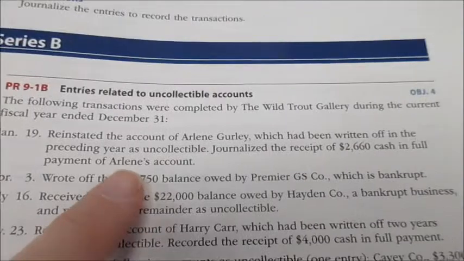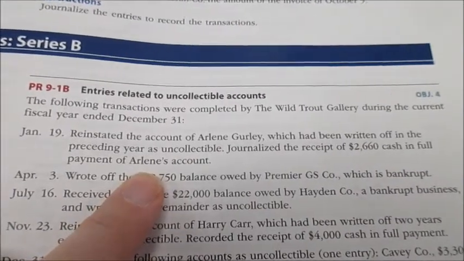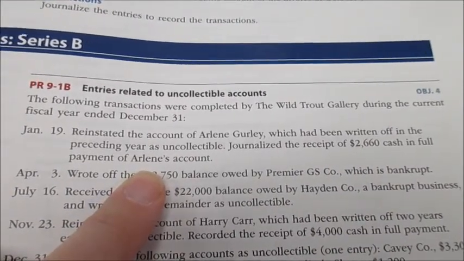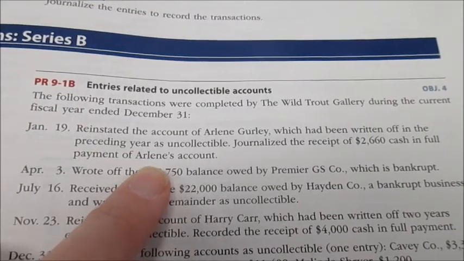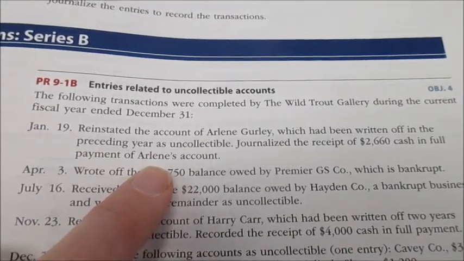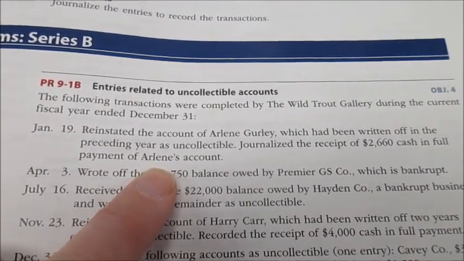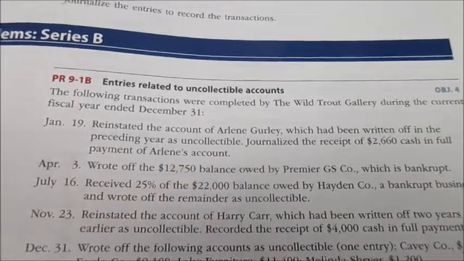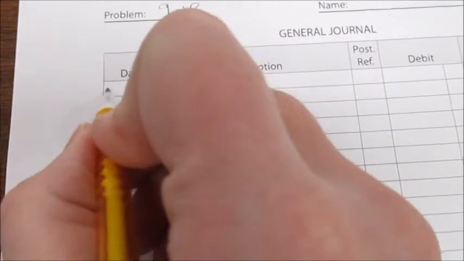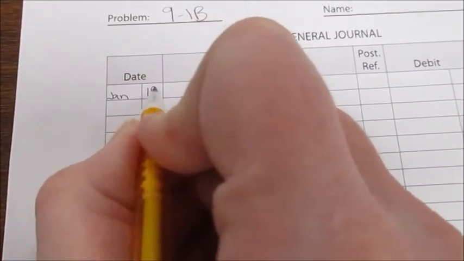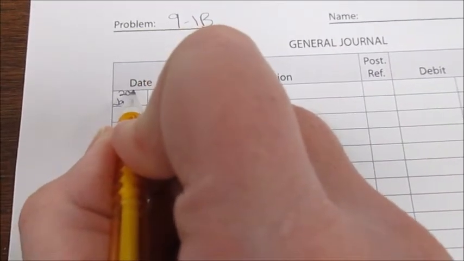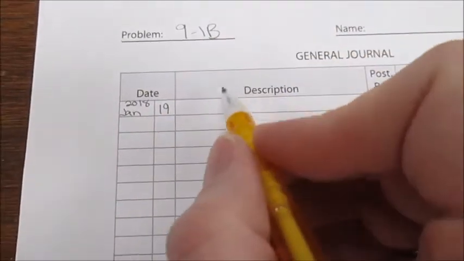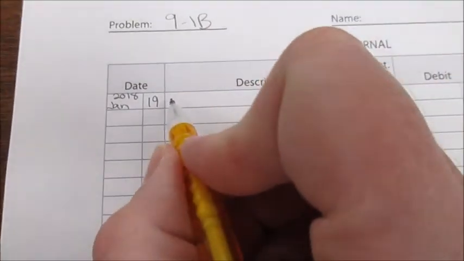The first transaction, January 19th, reinstated the account of Arlene Gurley, which had been written off in the preceding year as uncollectible. Journalize the receipt of $2,660 cash in full payment of Arlene's account. Okay, so our date is January 19th. First, we have to reopen her account.